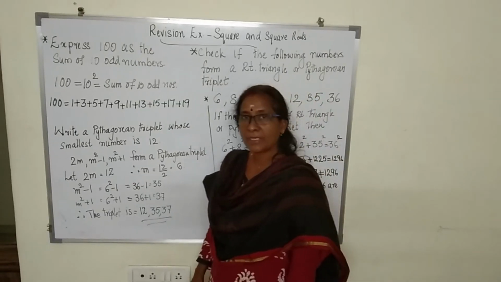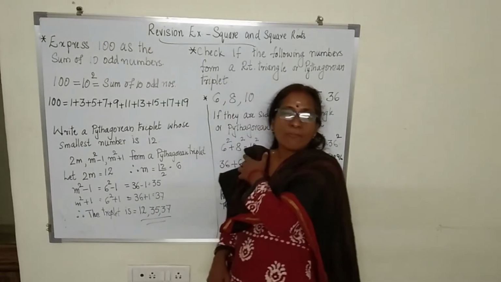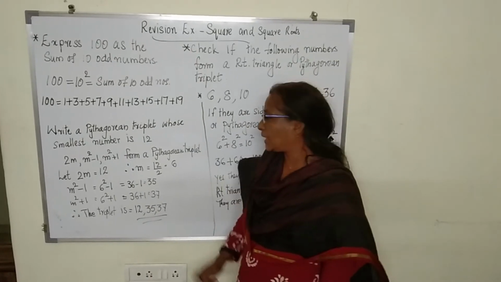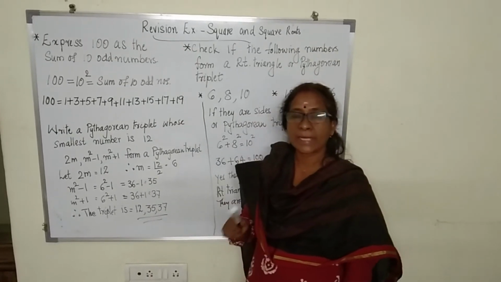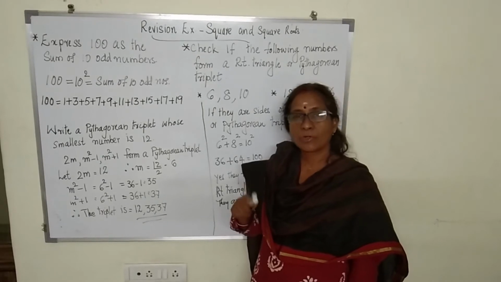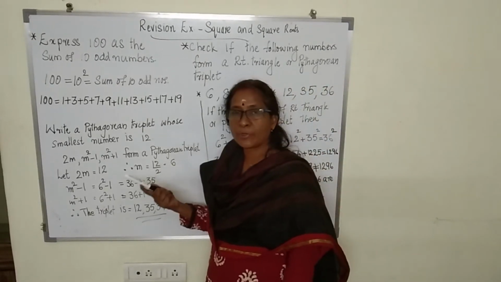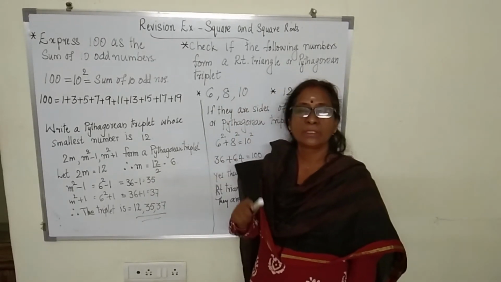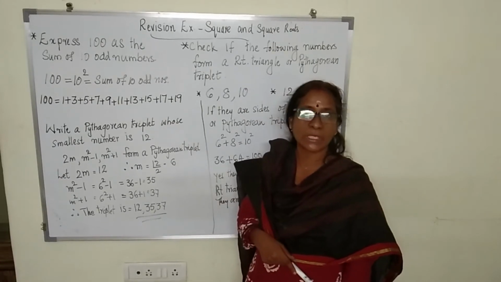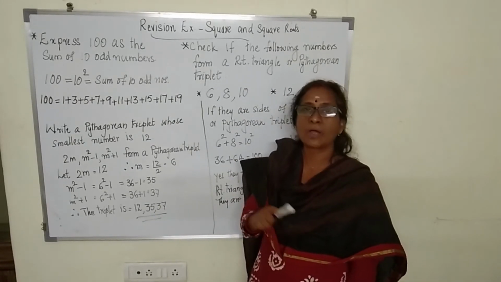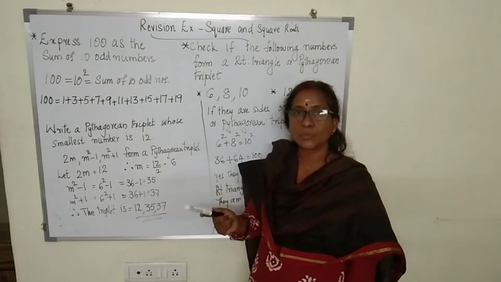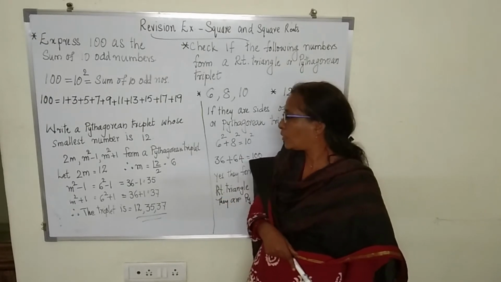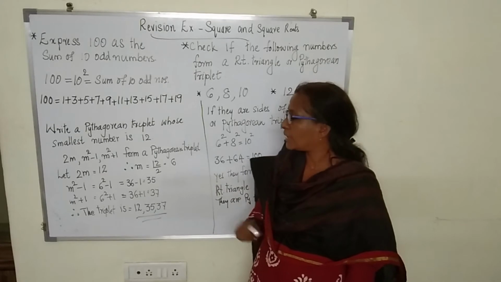What is a right triangle? A triangle in which one angle is 90 degrees. And in that triangle, what is the largest side? Hypotenuse. We have already learned that the square of the hypotenuse is equal to the sum of the squares of the 2 perpendicular sides. So, same concept here.